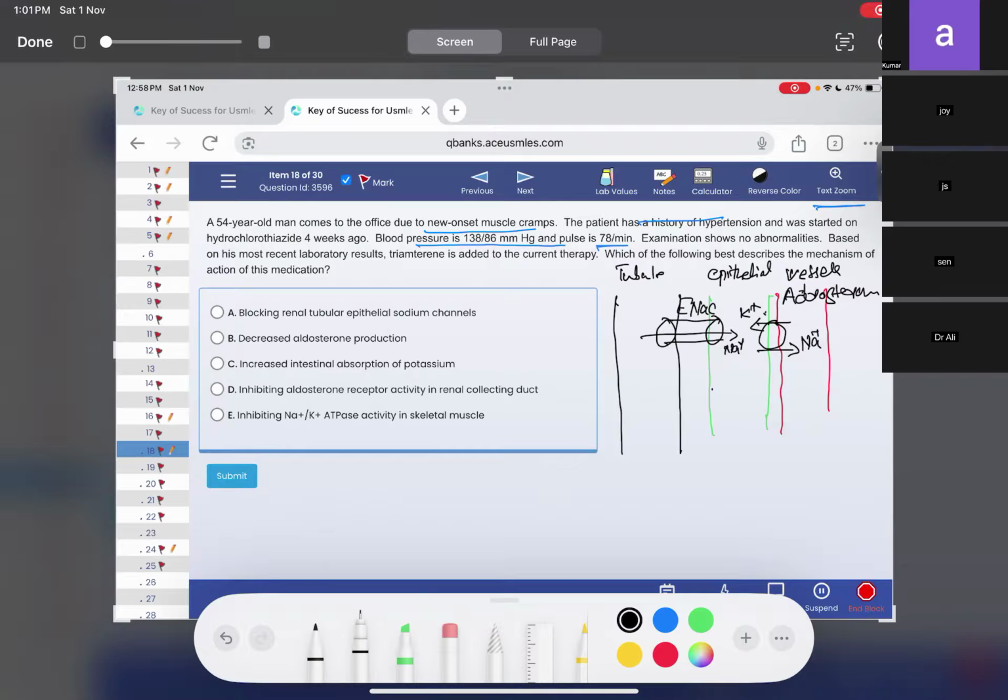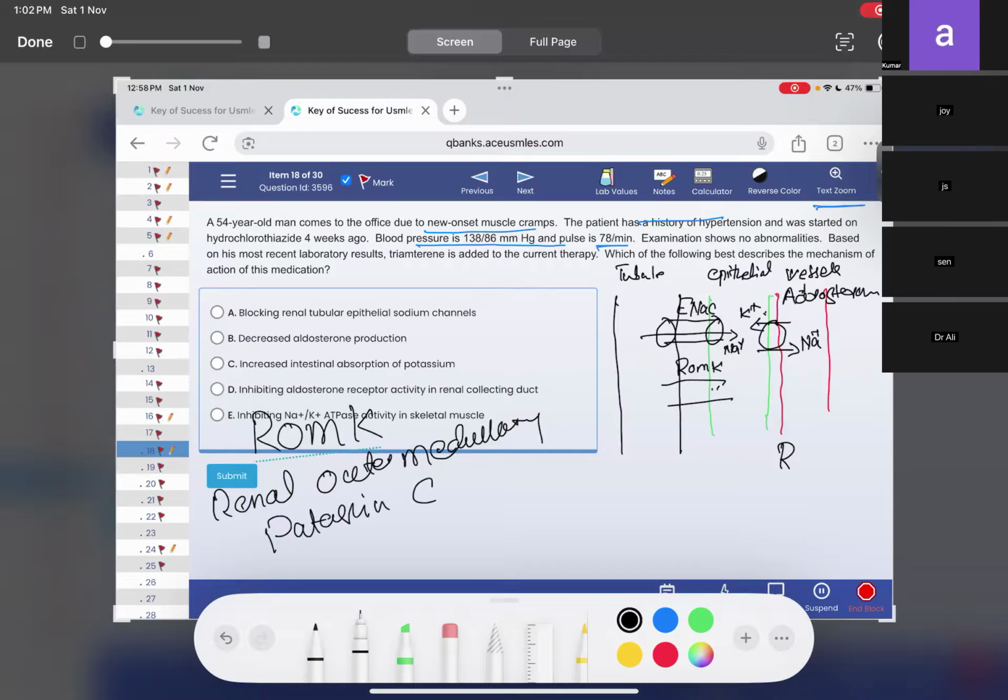There is another kind of channel. Can anybody name it? The renal outer medullary potassium channels, ROMK.